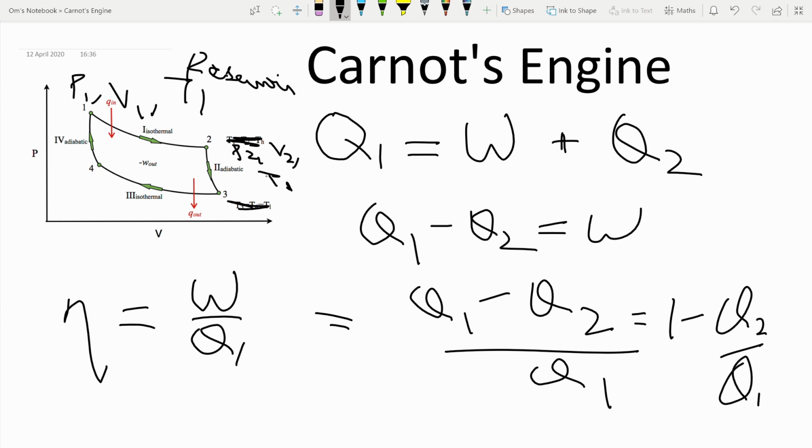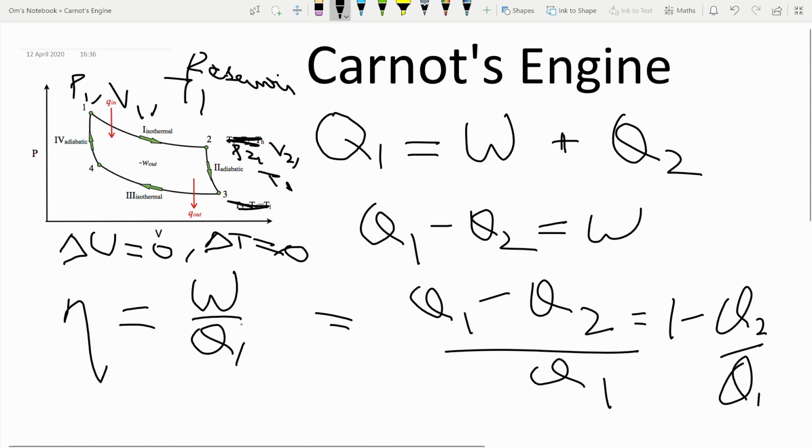There is only a change in temperature when there is also a change in its internal energy, which we denote by delta U. So during an isothermal process, we say that delta U is equal to 0 since delta T is equal to 0. Alright, so we are going to say that these 2 points are at P1 V1 T1 and P2 V2 T1.